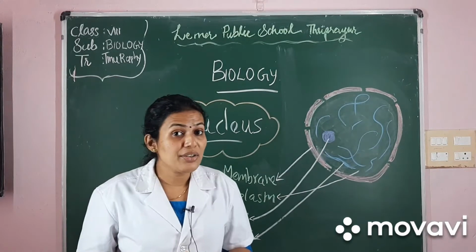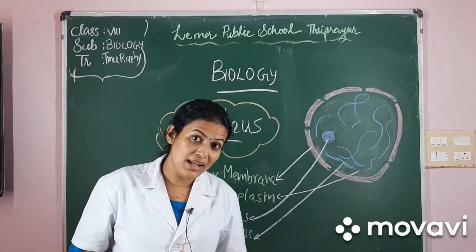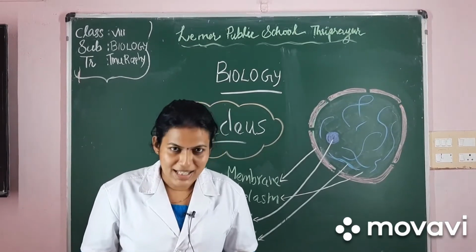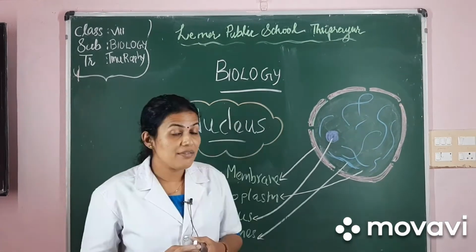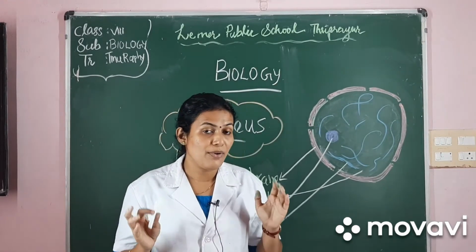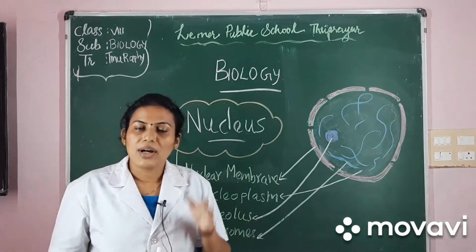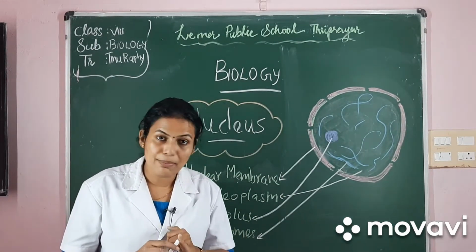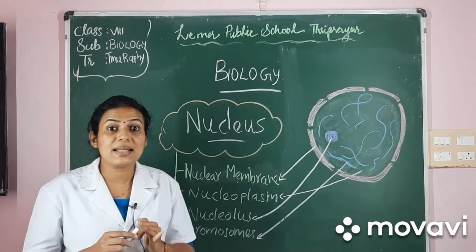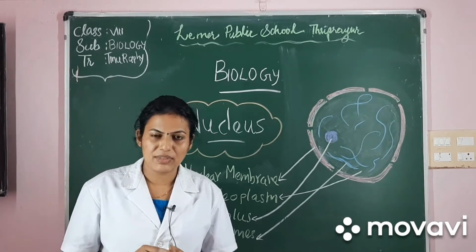So children, can you recollect the name of the membrane that covers the cell? Yes, cell membrane, isn't it? We have learned in last class about the function of cell membrane, that is, it is selectively permeable and it separates the cell from adjacent medium, isn't it?